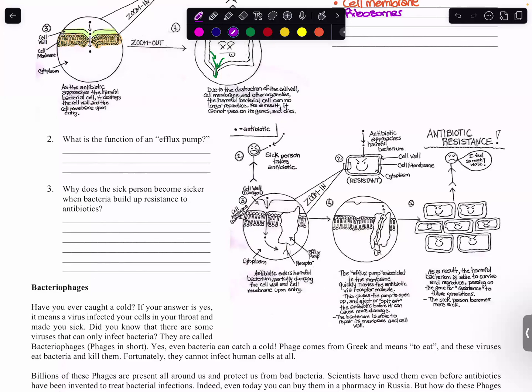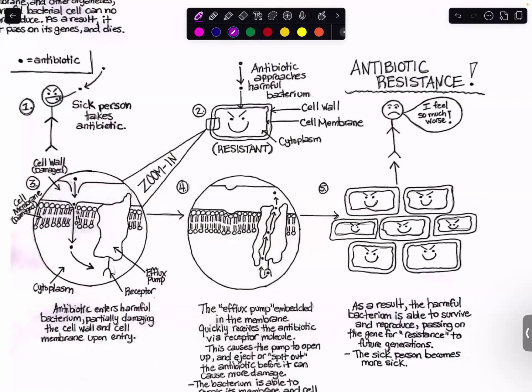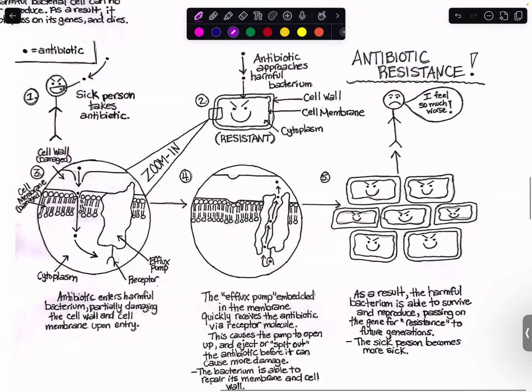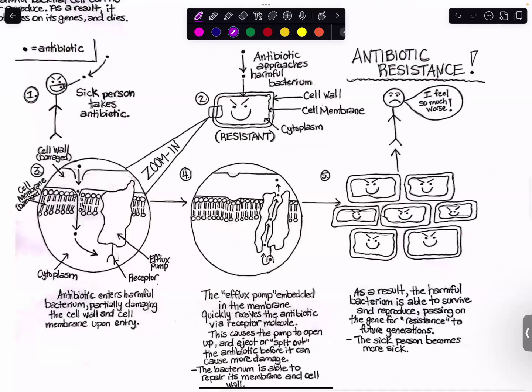Now, if we look at the second depiction, this is antibiotic resistance. So this is when it's not working. So as usual, the sick person takes an antibiotic, apparently an evil person, right?